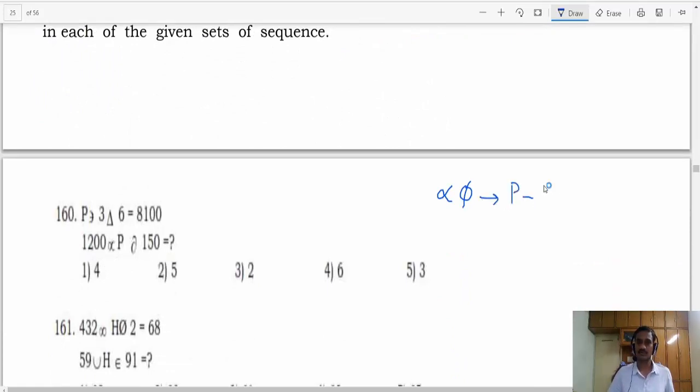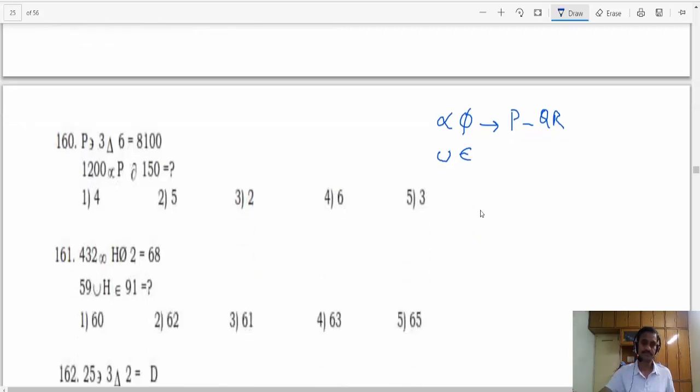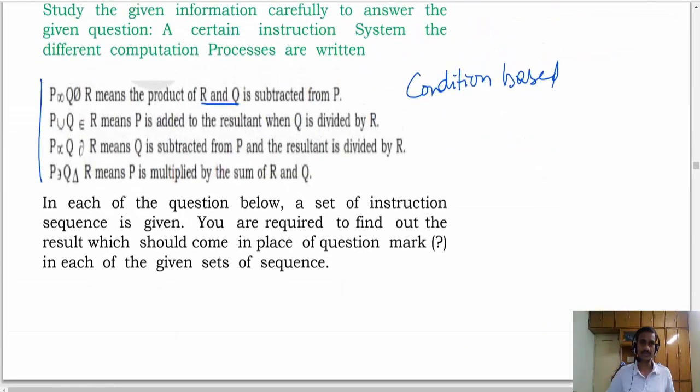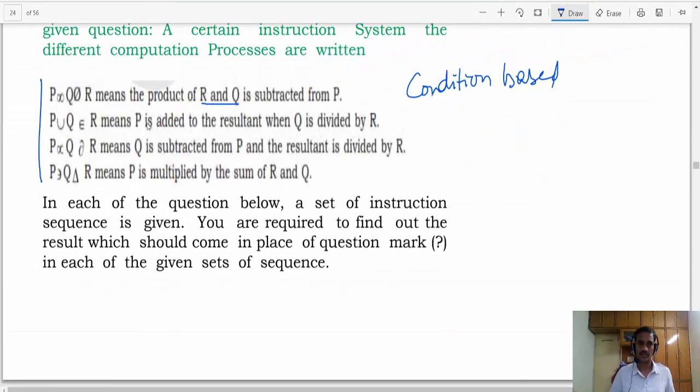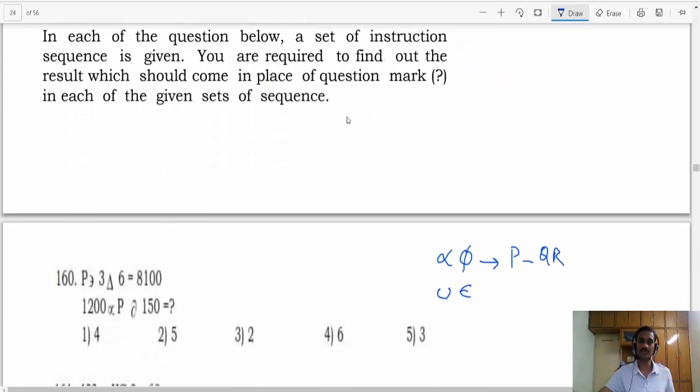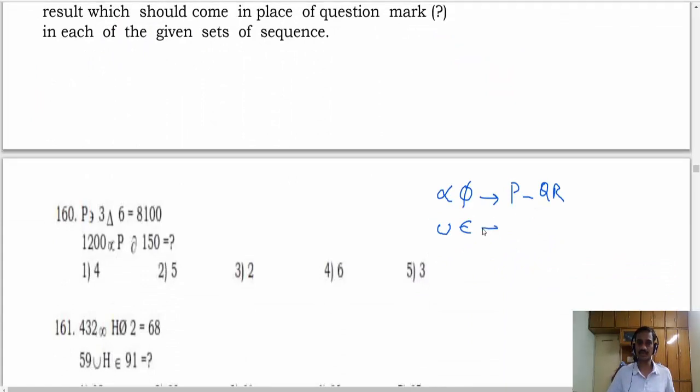Product of Q and R is subtracted from P. Then if this symbol is there, second one, U and this one and euro. P is added to the resultant when Q is divided by R. Q divided by R plus P. P is added to the resultant obtained when Q is divided by R.